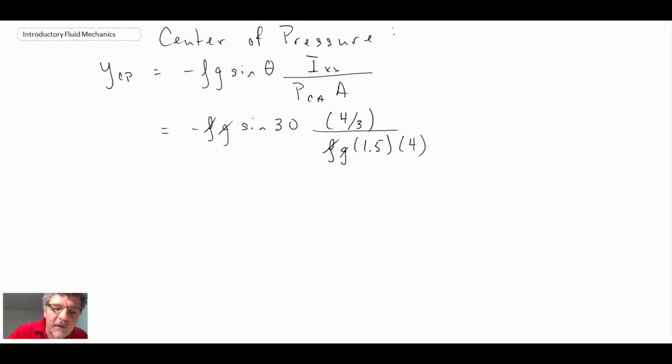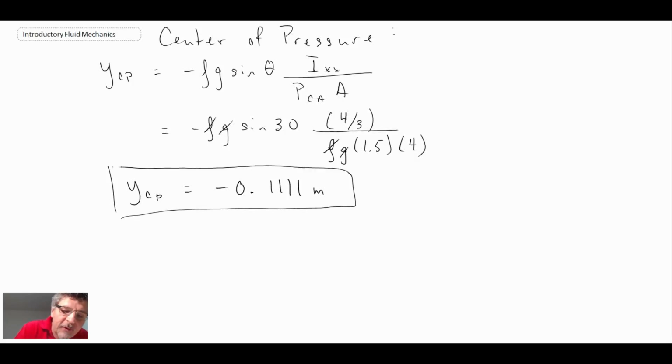So I've introduced the values for the y-axis center of pressure location, and with that what we then obtain is YCP is minus 0.1111 meters, and remember this is with respect to the center of area.